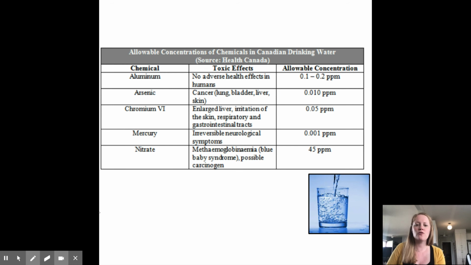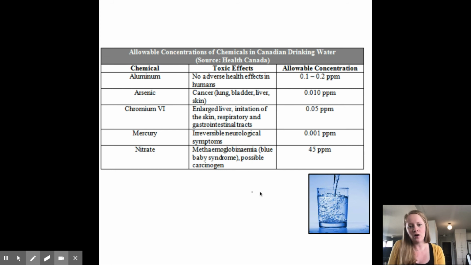For example, water is tested for aluminum, arsenic, chromium, mercury, and nitrate. It can also be tested for fluoride. Some cities do have fluoride automatically in them.